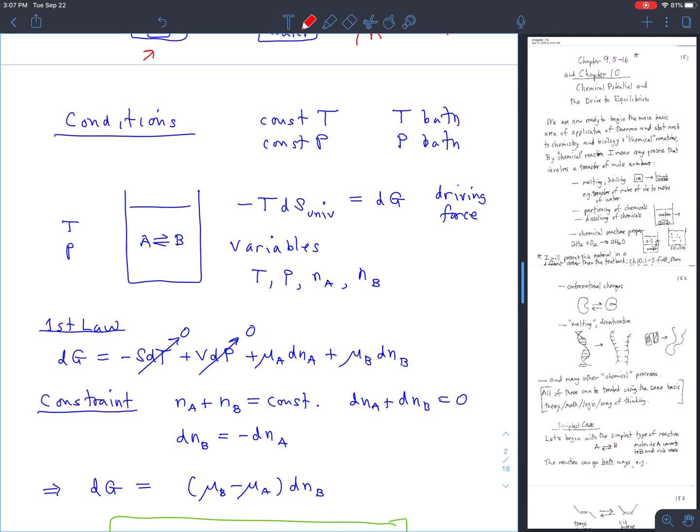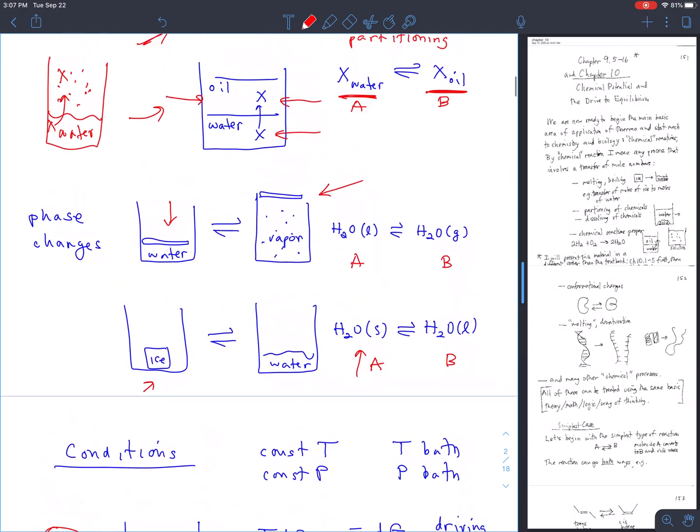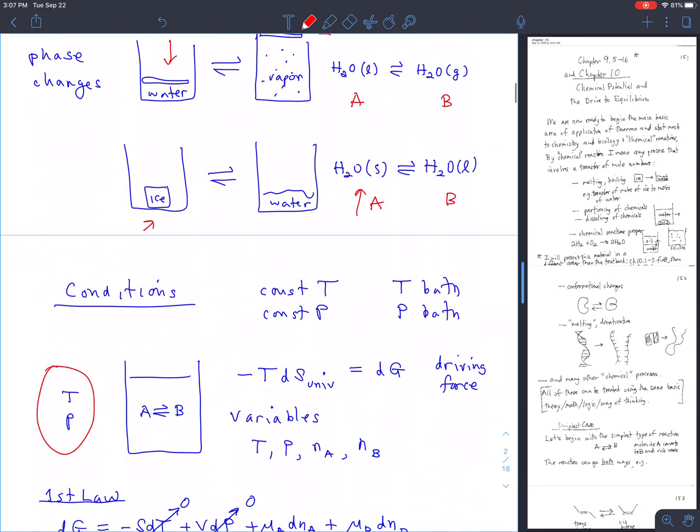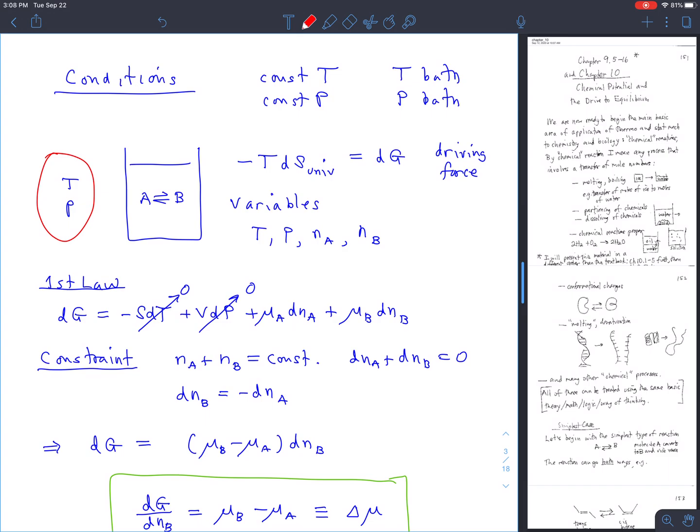All right, so we're going to consider the following situation. We're going to have a temperature bath and a pressure bath. So this chemical reaction up here is taking place at constant temperature and constant pressure in the presence of surroundings that act as baths for temperature and pressure. And then the chemical reaction is taking place, and under those conditions, we have seen earlier in our foundation sections that minus T times the change in the entropy of the universe is the same thing as the change in the Gibbs free energy.